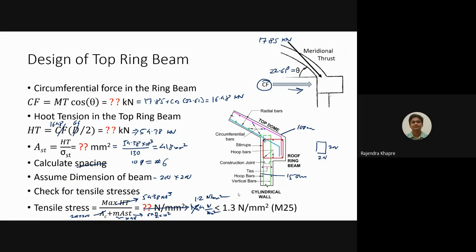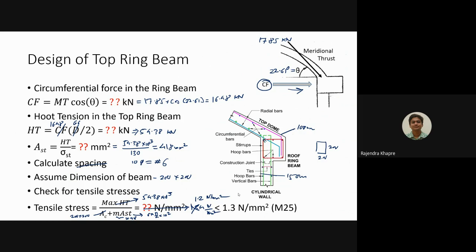1.3 is the permissible stress in concrete in direct tension for M25 grade concrete. If it is greater than 1.3, you have two options.